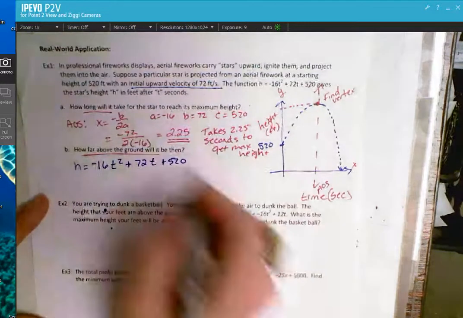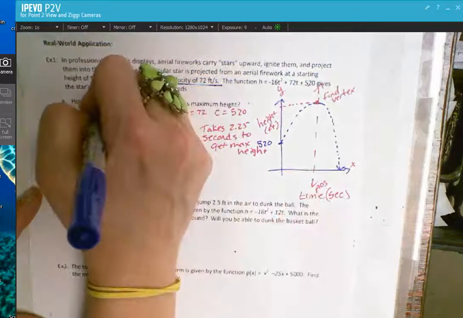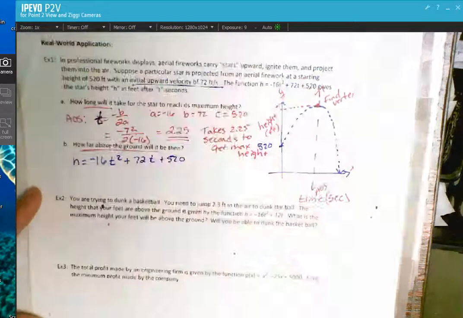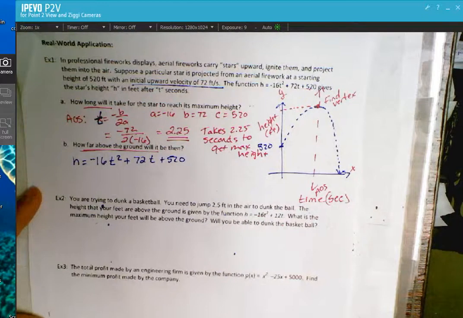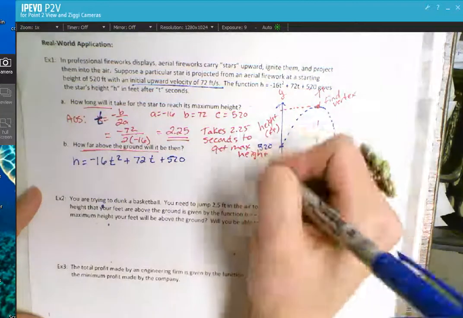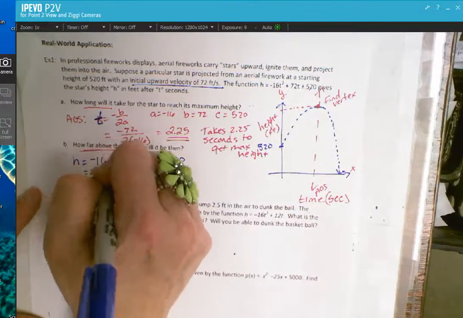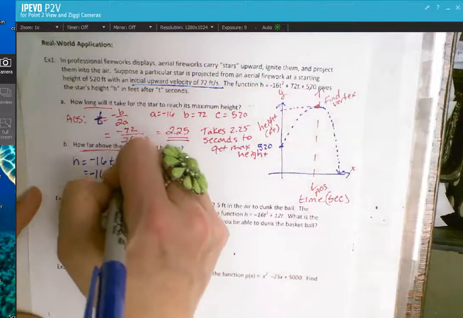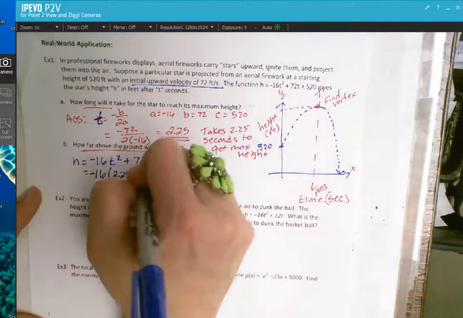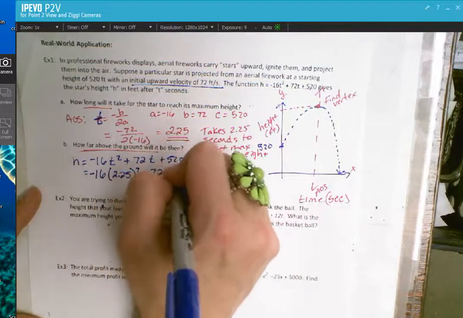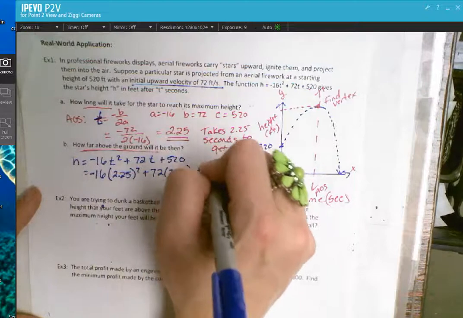In this case, x is really time, so I'm going to change that to t. And I know my height is my y, so that's my h. So I'm going to find negative 16 times 2.25 squared plus 72 times 2.25 plus 520.